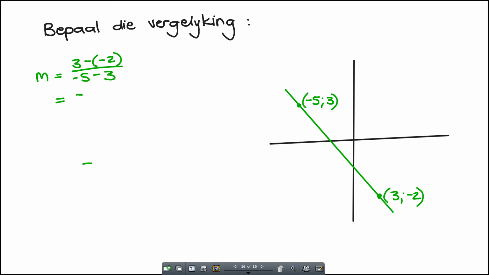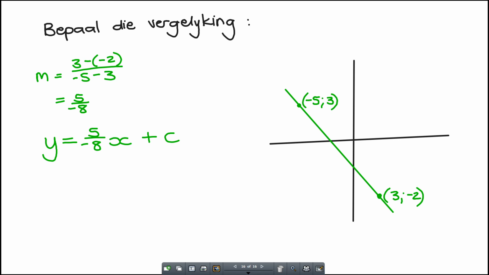Okay, so you will have 5 over negative 8. So daar is my gradient. So far, I have y is equal to 5 op minus 8x, en dan plus c.